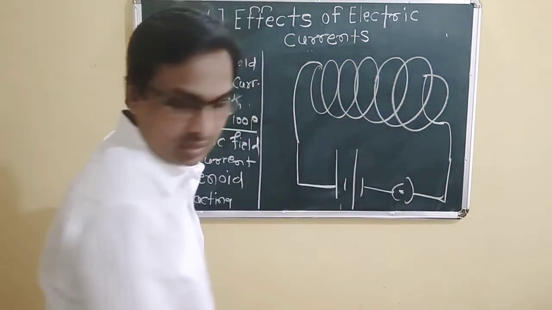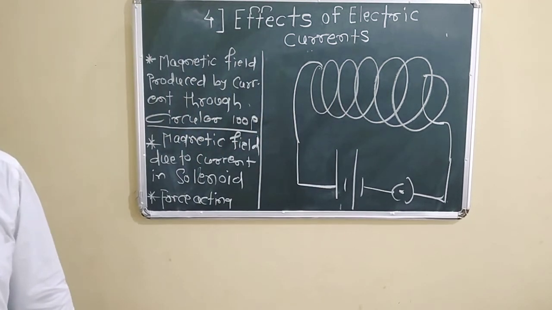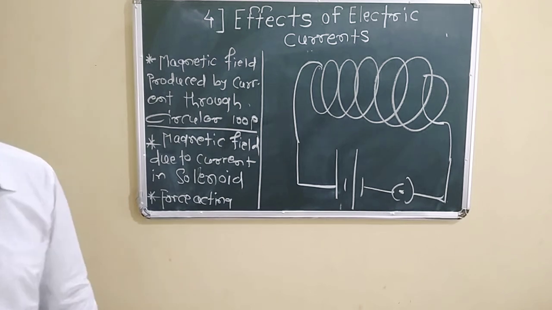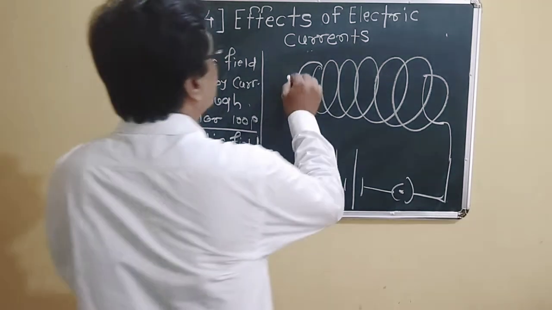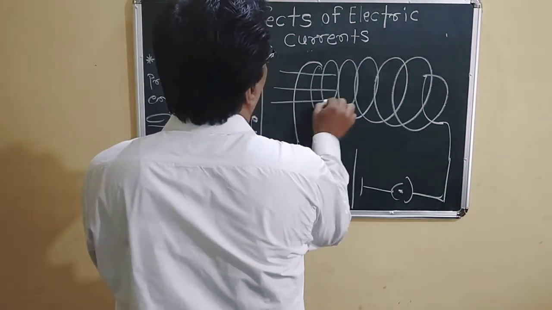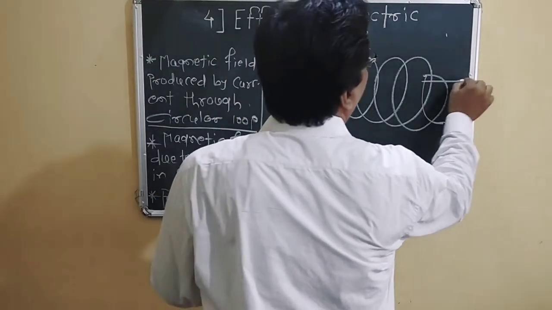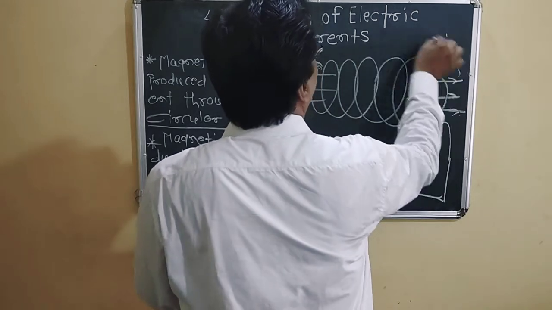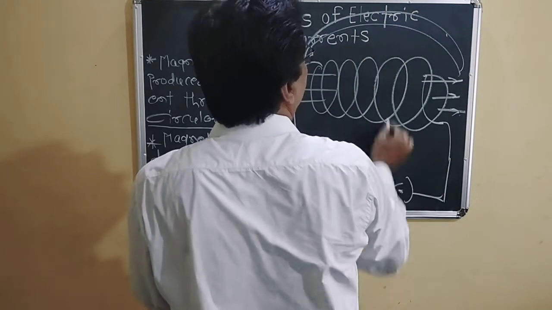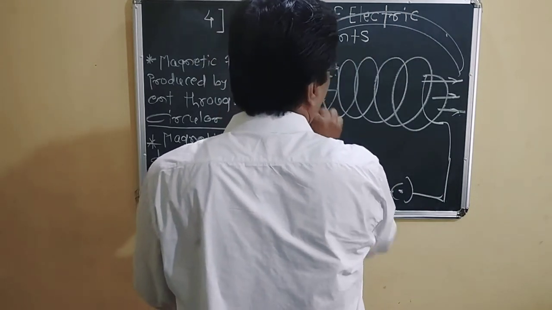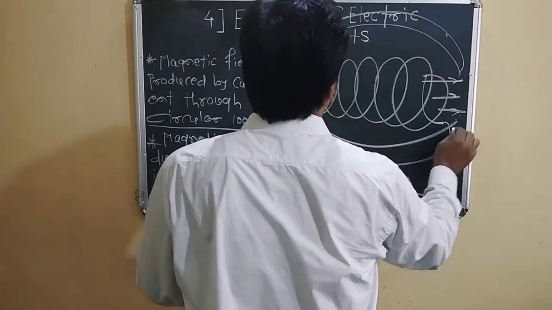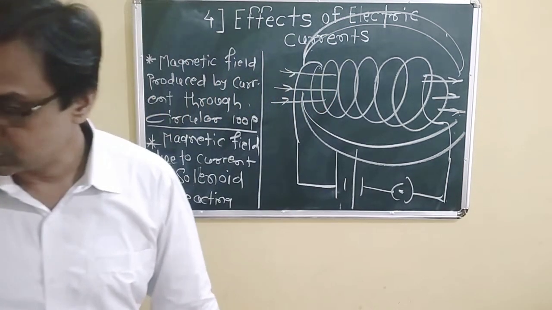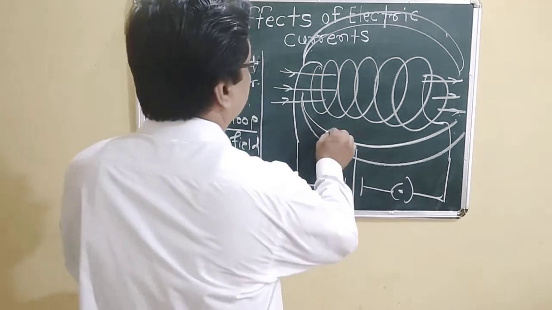Here is a key, and they have shown the number of lines like that.